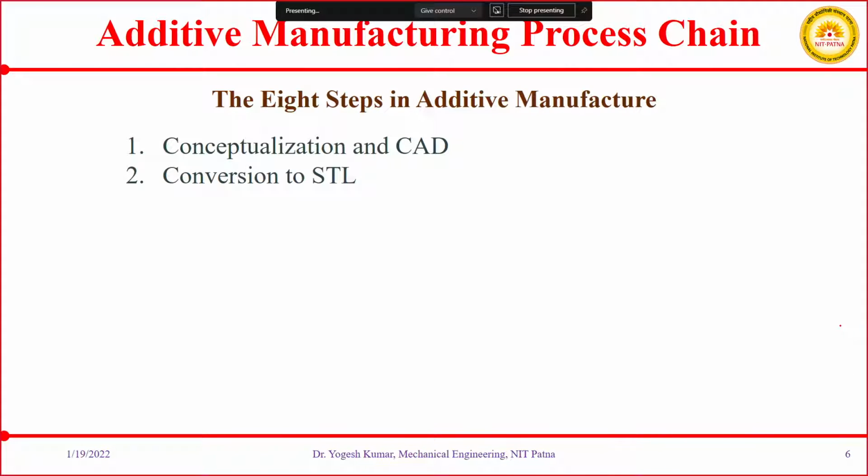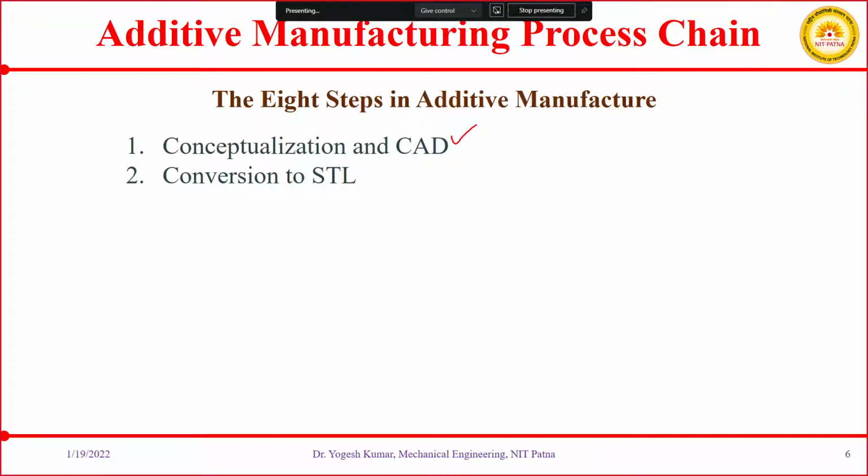So the first step is conceptualization, or the creation of your product that you want to print in a CAD modeling software. Then in all modeling software, we have the facility to convert these files.